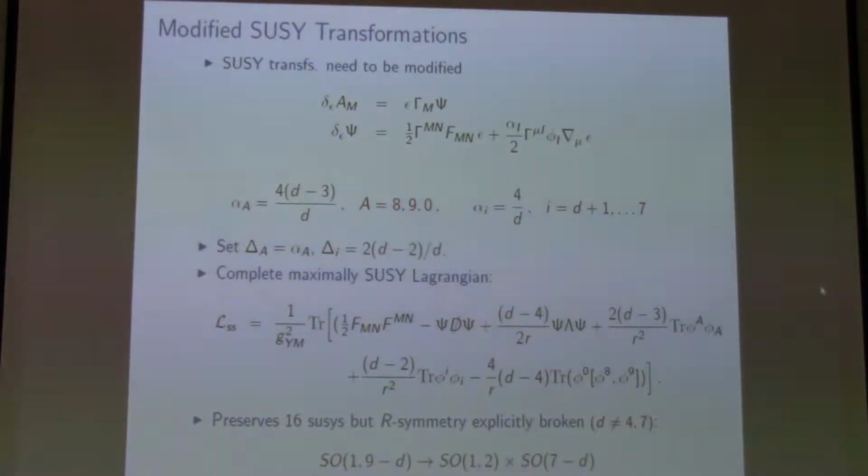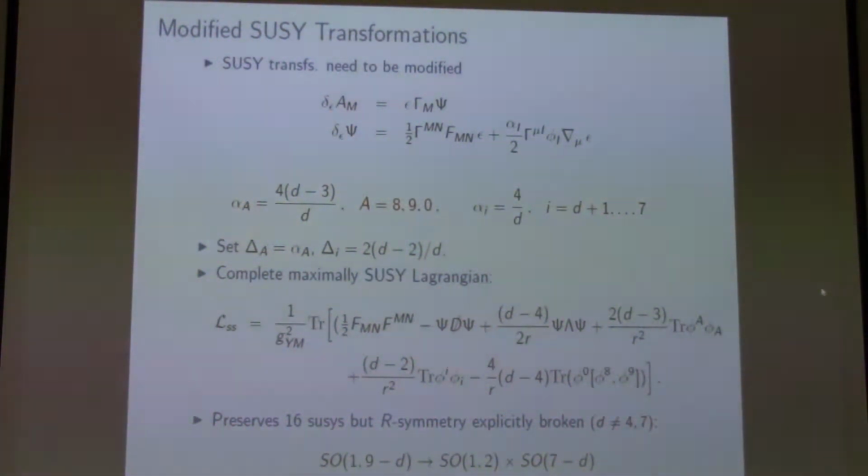So you still have a full SO(6) rotational symmetry amongst the scalar fields. But if D is not equal to 4, these coefficients are different, so that rotational symmetry is broken, to SO(1,2) times SO(7 minus D). Basically, you can rotate among the capital A indices, and you can rotate among the little I indices.